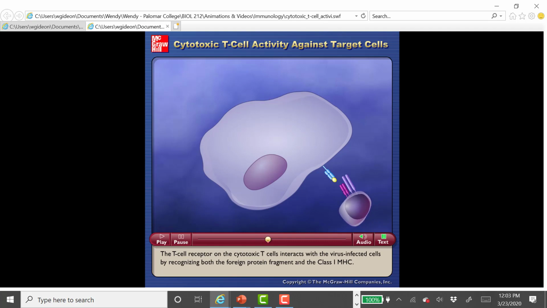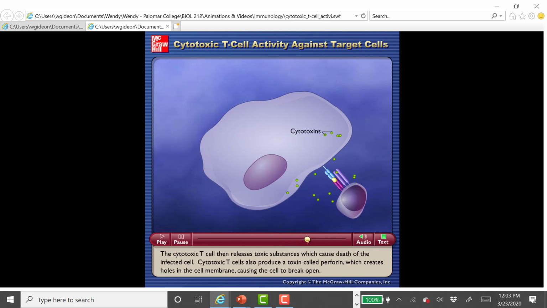Here comes the cytotoxic T cell that recognizes that particular antigen because it has the matching TCR. It recognizes the antigen complexed to MHC1. It releases, here they're calling them cytotoxins, but those are usually perforins, to kill the cell that's infected.